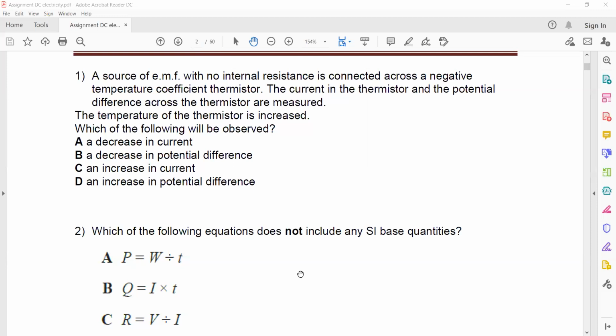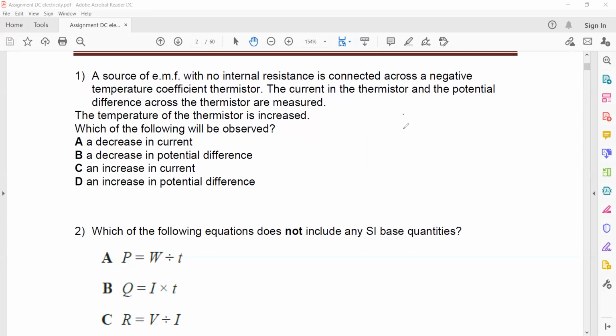What will we observe? Because as you can see, they mention a source of EMF with no internal resistance is connected across a negative temperature coefficient thermistor.